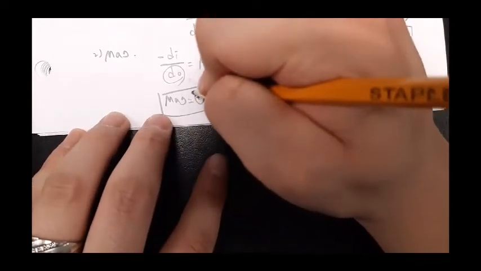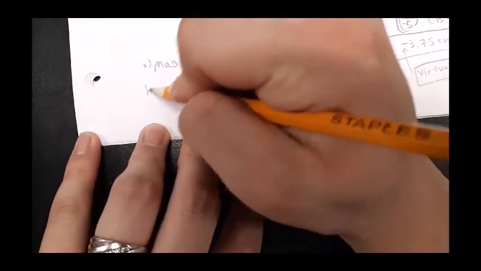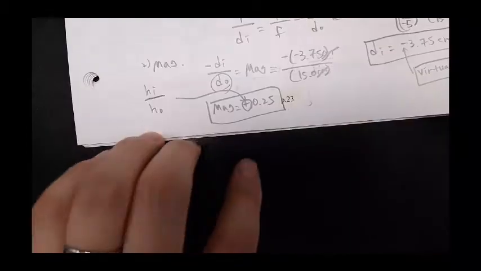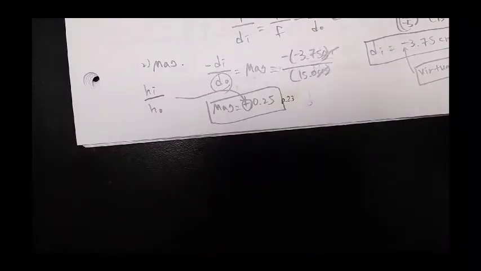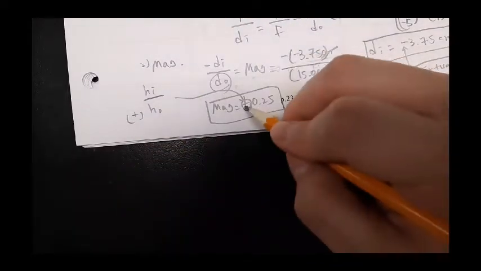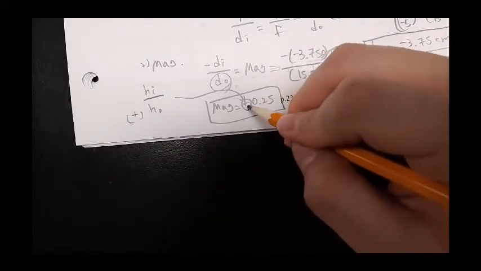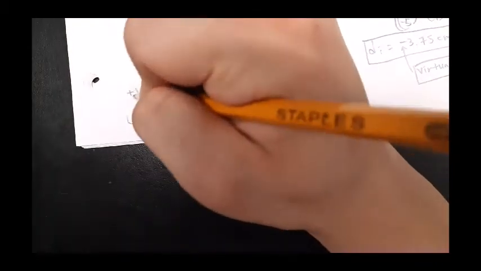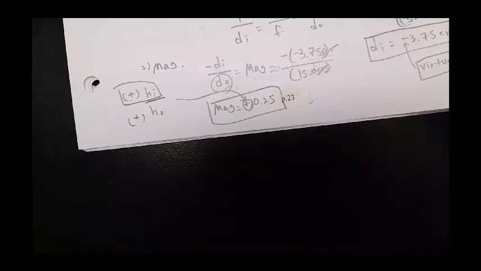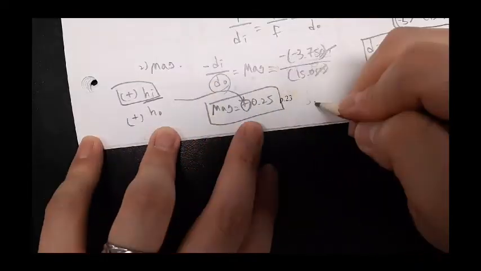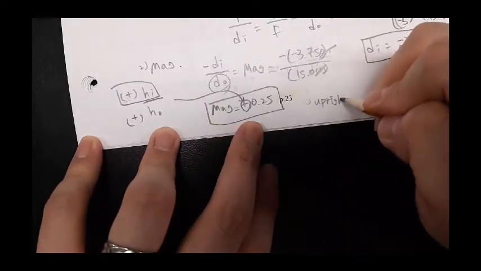First of all, let's think about positive over here. If I look at the first half of the magnification formula, HI over HO is positive. You know that height of an object is always positive, which means the only way that I can have magnification as positive is my image itself is positive, which means this is an upright image.